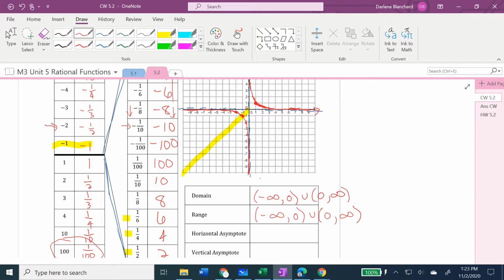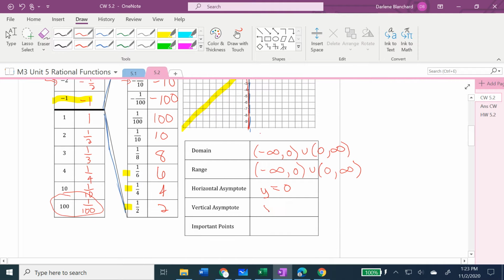Now, horizontal asymptote is the equation y equals 0. Vertical asymptote is the equation x equals 0. And make sure that you understand when you start a parent graph that is 1 over x, I want you to start with 1, 1 and negative 1, negative 1.